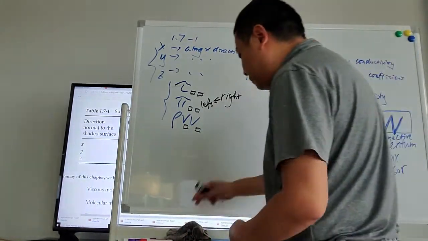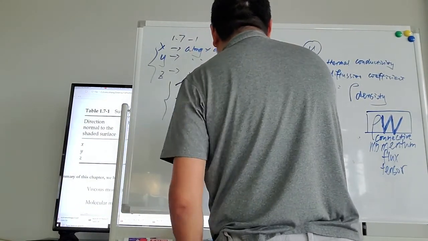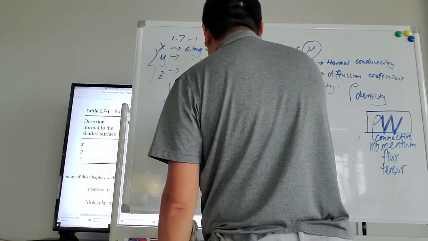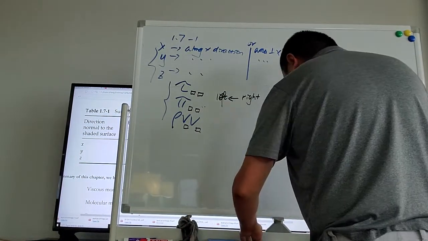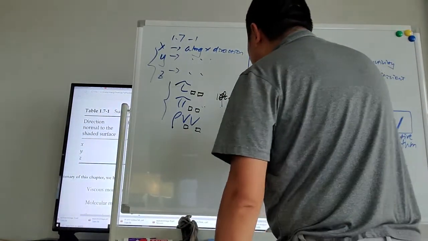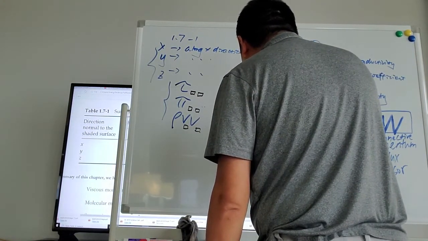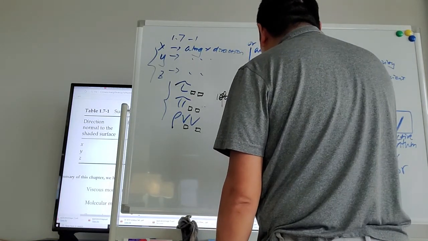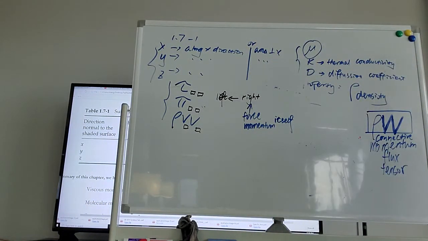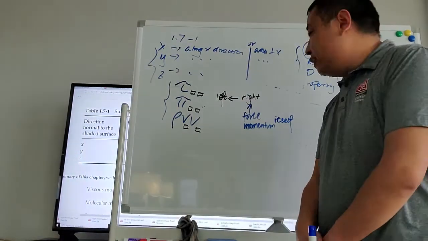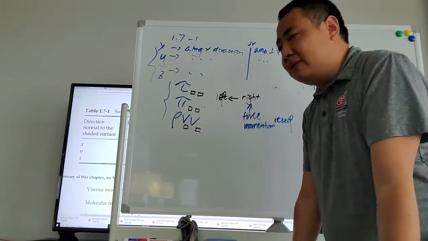So the one on the right describes the force or momentum itself. For example, the momentum flux is from x direction.